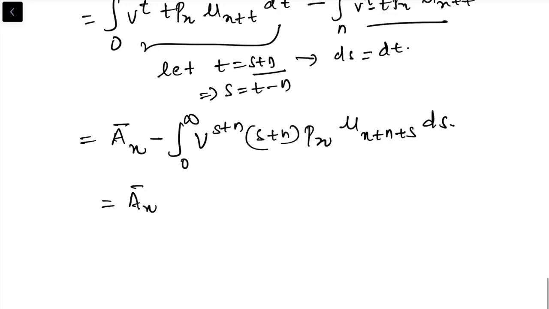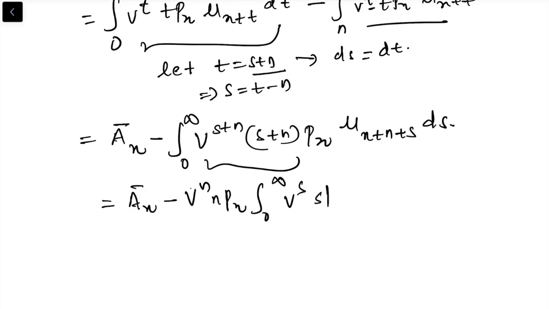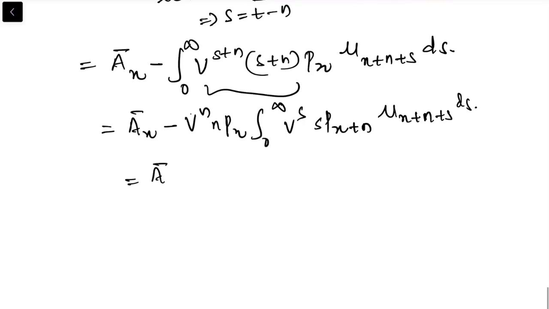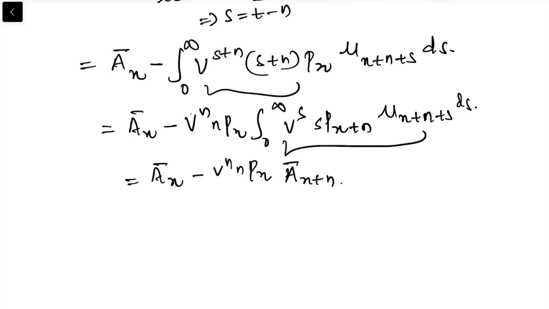Now we can simplify this: minus, we can take v^n and npx common from this integration, 0 to infinity of v^s spx+n mu(x+n+s) ds, right? So this is A bar x minus v^n npx times, and if you remember, this is nothing but A bar x+n.